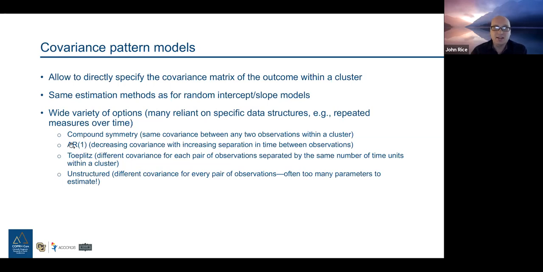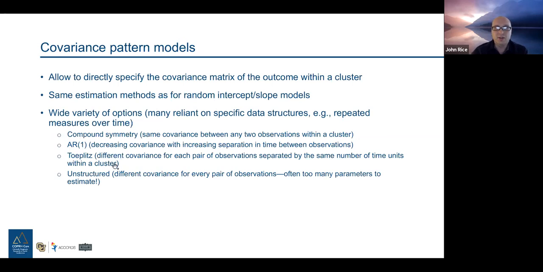And that would be something like the AR1 or autoregressive of order 1, which leads to decreasing correlation with increasing separation in time between observations. And this is often a pretty good approximation for correlation structures and observations that are taken over time. Compound symmetry is the simplest option, and this is actually equivalent to a random intercept model, which we'll talk about in a moment.